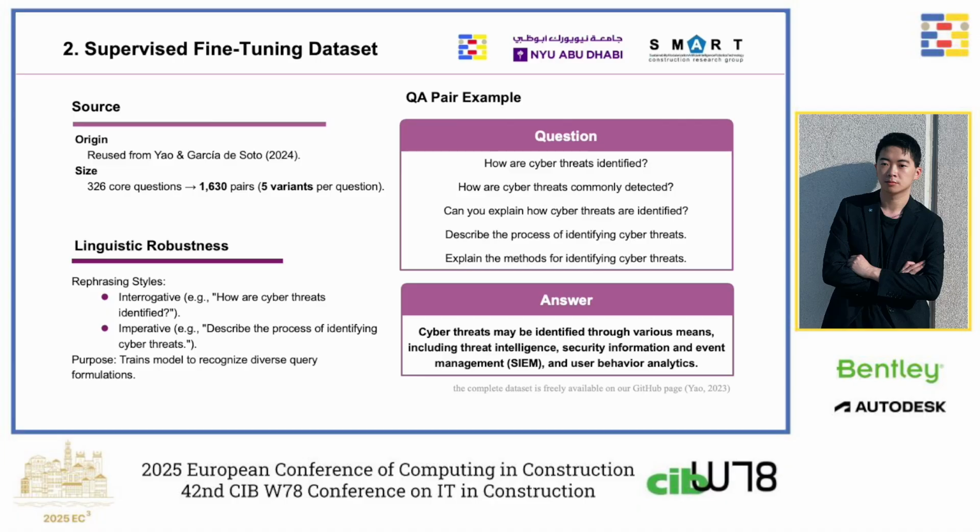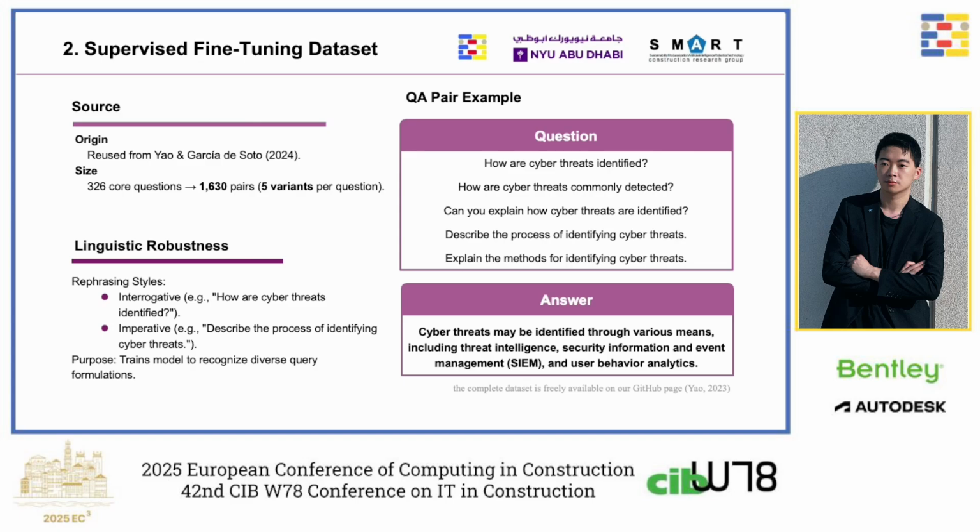Moving to stage 2, the supervised fine-tuning process, we used 1,630 expertly crafted question and answer pairs built upon 326 core cybersecurity questions. Crucially, each question was rephrased into 5 distinct linguistic styles, encompassing both interrogative forms, for example, what risks exist in the design phase, and imperative forms, for example, identify risks in the design phase.